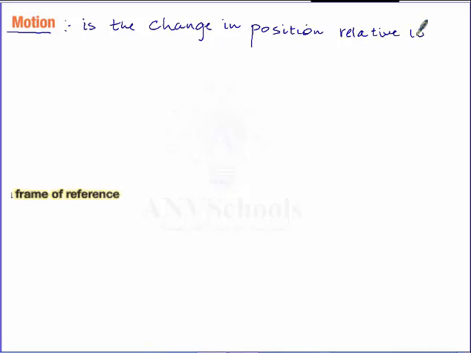Whenever we are talking about displacement and velocity, we need to know the terms motion, frame of reference and others. So let's define the meaning of motion. Motion is the change in position relative to a fixed point, called a reference point.